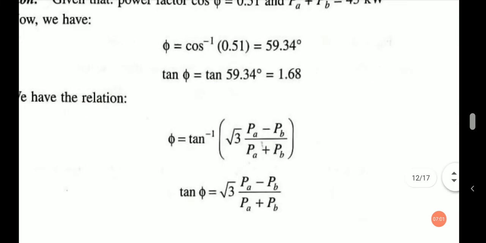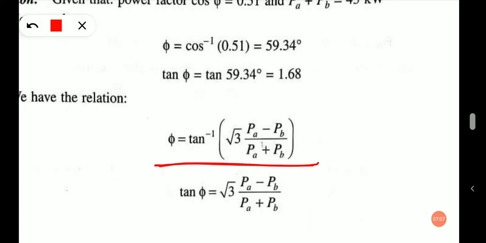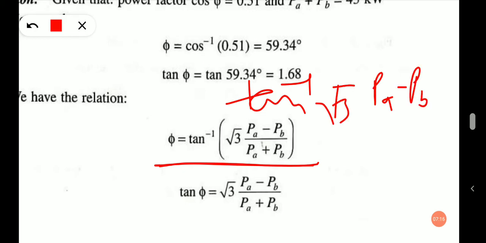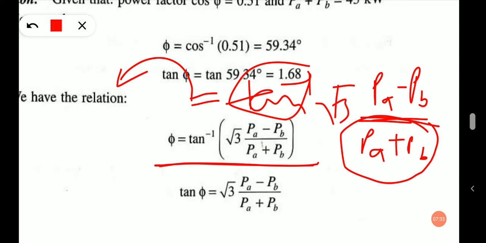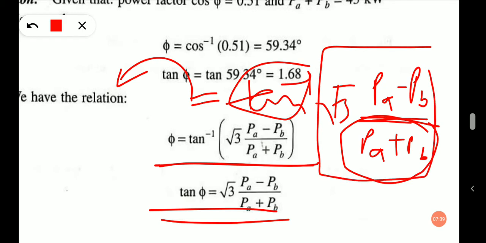We know the relation phi equals tan inverse of root 3 times (PA minus PB) upon (PA plus PB). So we know the value of PA plus PB, that is given. Now we will shift this tan inverse to the left side, then we can write tan phi equals root 3 times (PA minus PB) upon (PA plus PB).